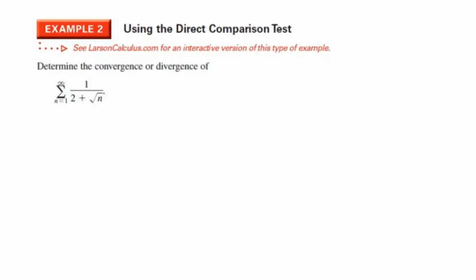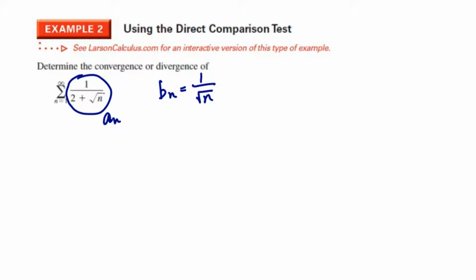Example number 2. I have the sum of 1 over 2 plus square root of n, and let's say that is my a_n. And for b_n, I'm going to say 1 over square root of n. That's usually how you do it: you just get rid of the constant.